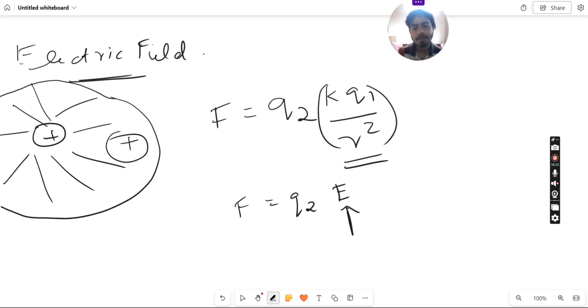So we can say something exists independently only due to charge 1, and that is basically what we call a field. It's mathematical, and if you really ask, the subject of fields is quite confusing, but it turns out to be the most successful theory.